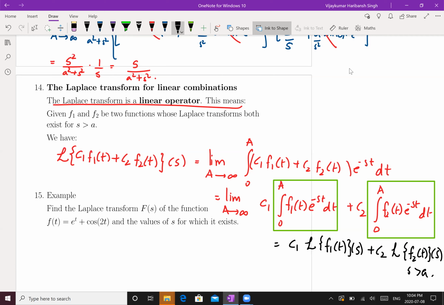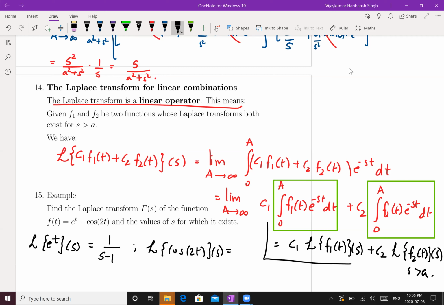Note that the Laplace transform of e to the power t at s is 1 upon s minus 1, and the Laplace transform of cos of 2t at s, using this formula, is s upon s square plus 2 square.